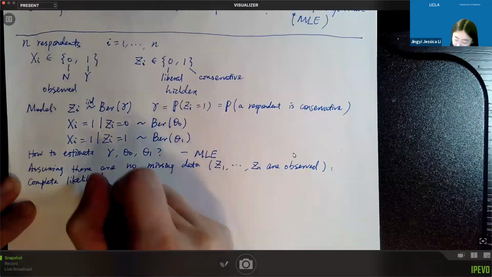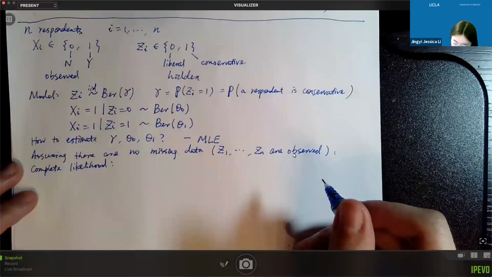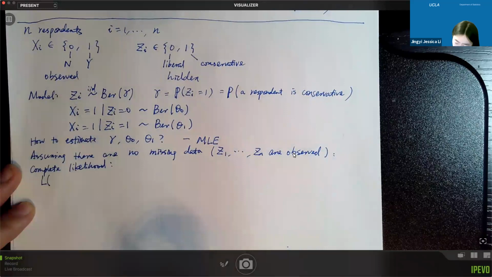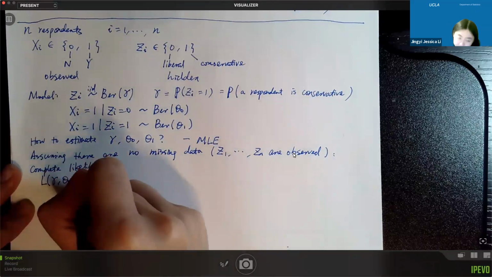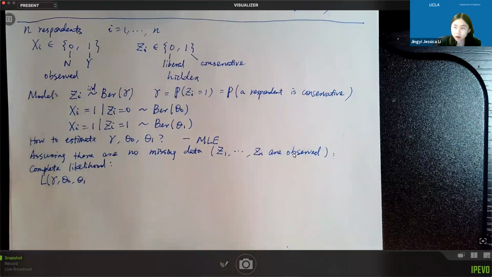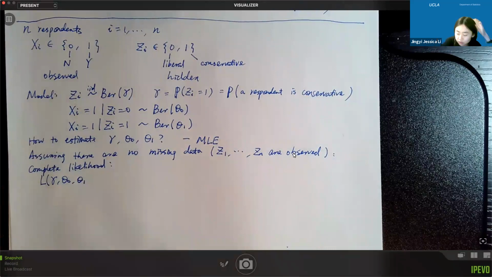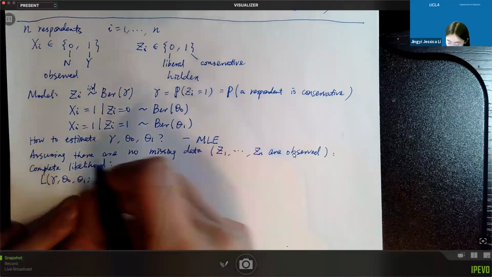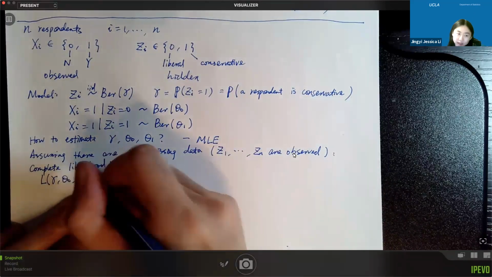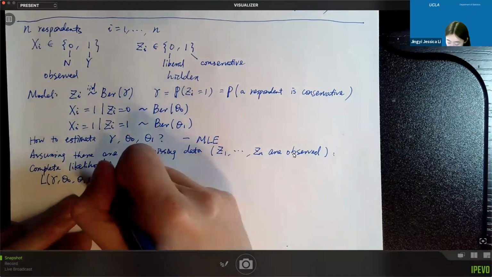As I said before, the likelihood is a function of our parameters, gamma, theta 0, and theta 1. Under the complete likelihood, we can use all the data to define the likelihood. I use the semicolon to mean it's given our data x and z.